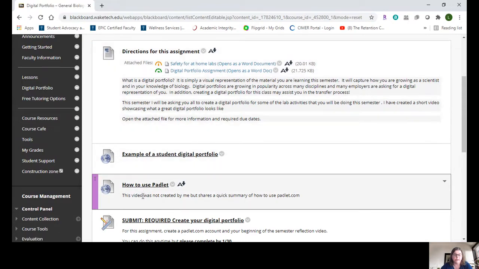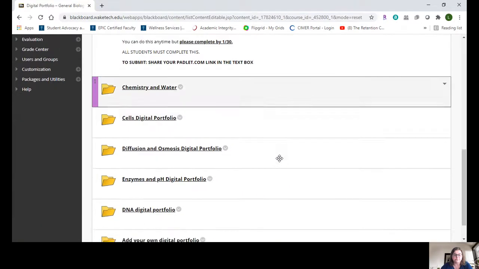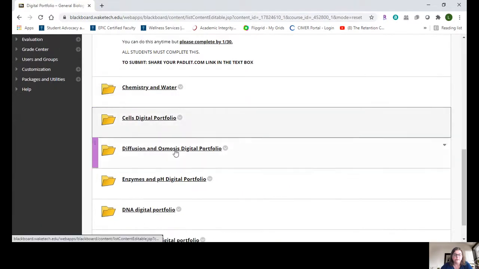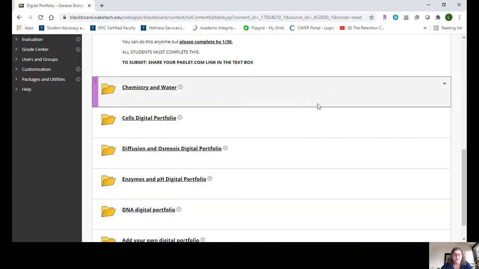And students will use a virtual posting board called Padlet to post their activities and the questions that accompany each activity. And so throughout the semester, I have different submissions, all focusing on specific things that we are talking about through the semester.